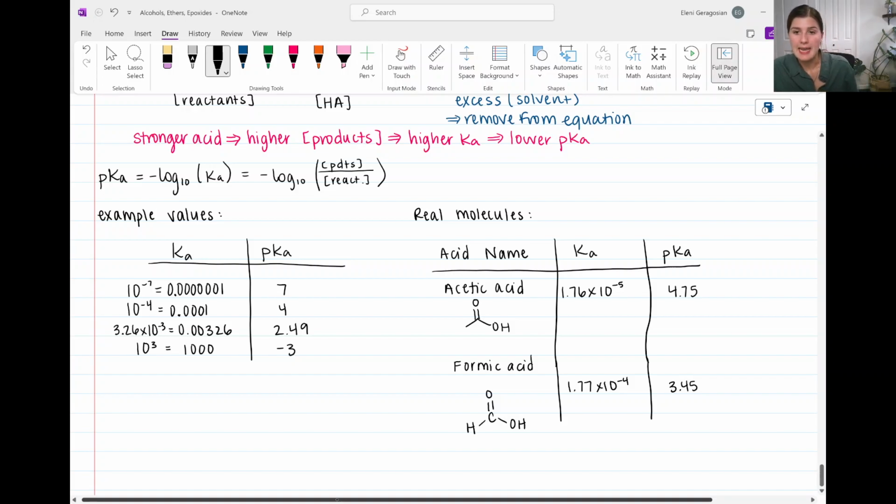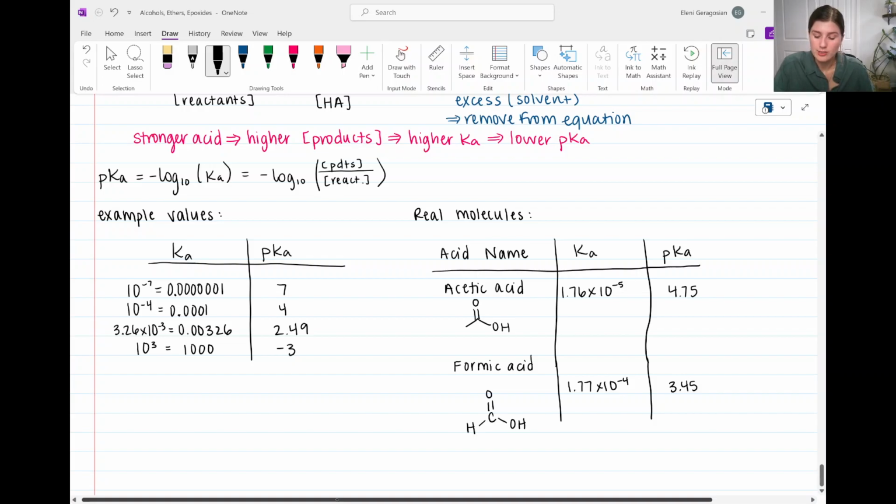If you look at the Ka values, they are a magnitude of 10 different from each other. Acetic acid is 1.76 times 10 to the negative 5. Formic acid is 1.77 times 10 to the negative 4. Again, a power of 10 difference between these two. That correlates to the pKa's as one value different, 4.75 and approximately 3.45.